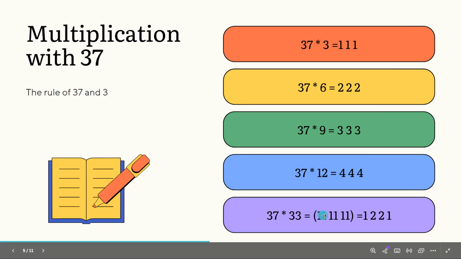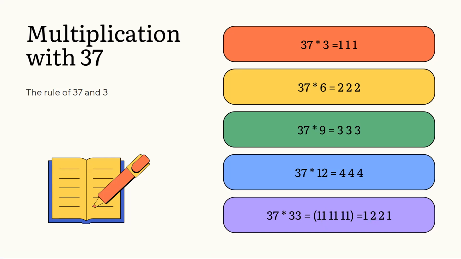So 11, 11 and 11: the one of one 11 and the one of another 11 will be added to become 2, and we'll get 1 2 2 1. So this method is applicable only when you are multiplying 37 with a multiple of 3. As I mentioned, it is situation specific.